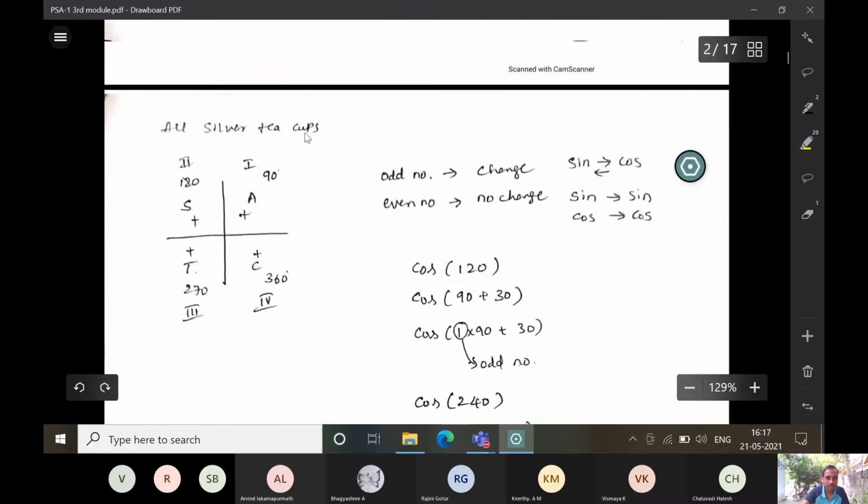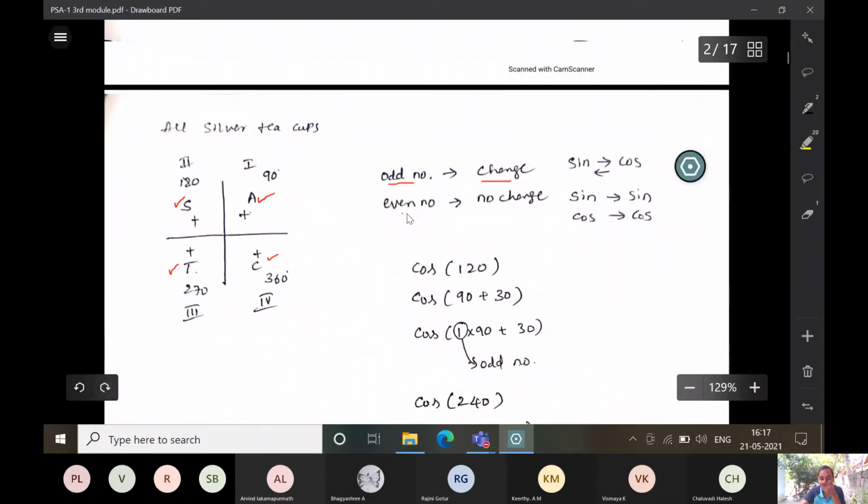This one, all silver teacups, four quadrants. So in the first quadrant all are positive, in the second quadrant sine is positive and the remaining will be negative, in the third one tan is positive and the remaining is negative, and in the last one cos is positive and the remaining is negative. Okay, if you take an odd number, there is a change: sine changes to cos, and cos changes to sine.